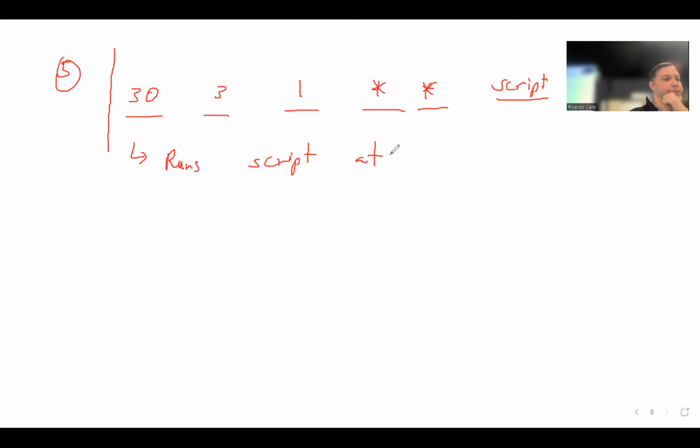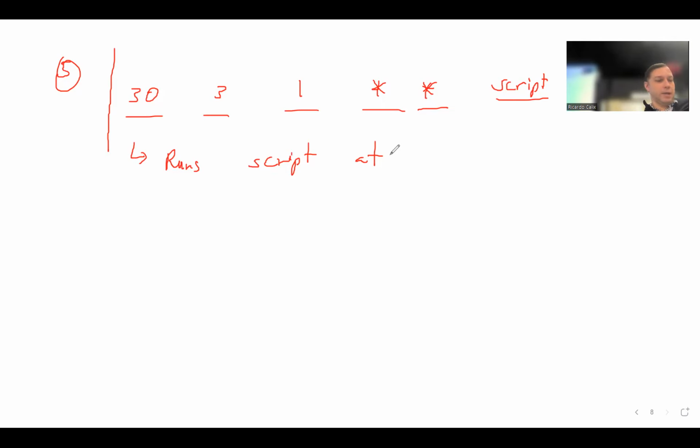The 30th of January. It's the first of each month, isn't it? Yeah, first of each month. So that third one is day of month. So it's actually the first of the month.